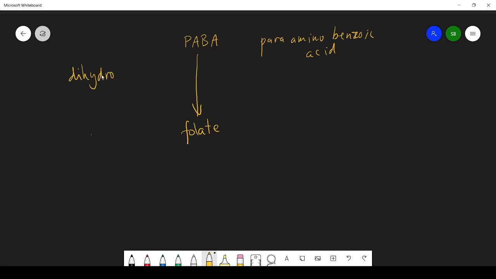You start off with a compound called para-aminobenzoic acid, or PABA, and that is converted to folate by an enzyme called dihydropteroate synthetase.